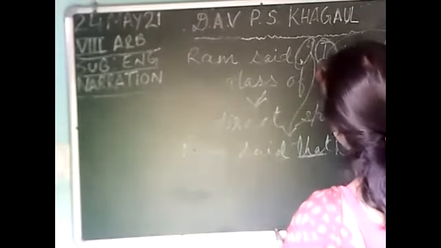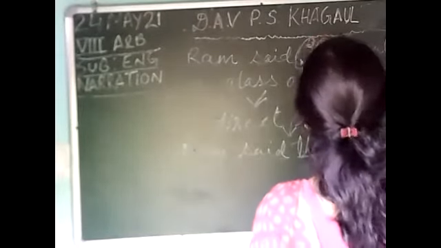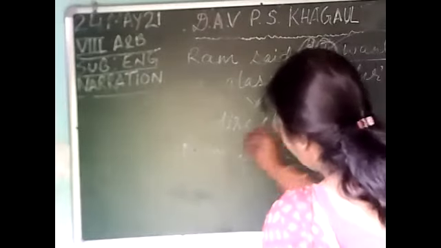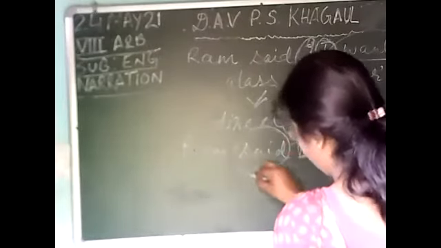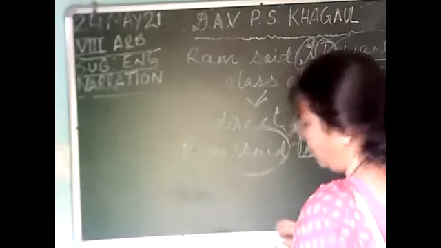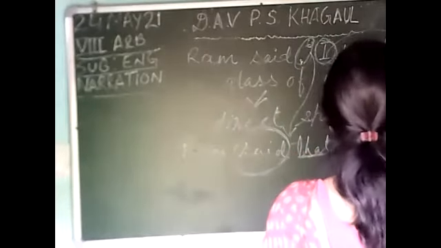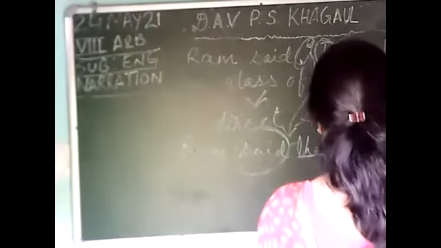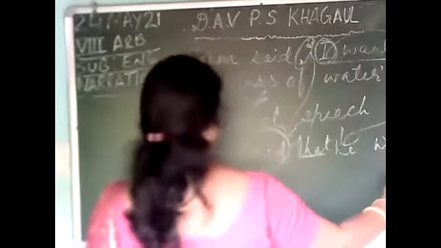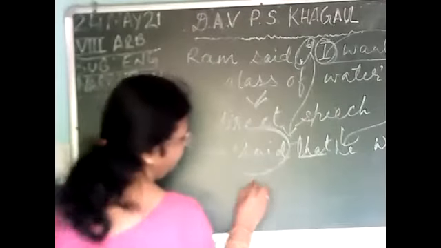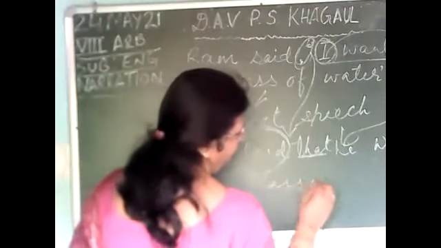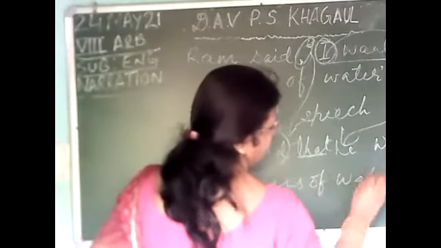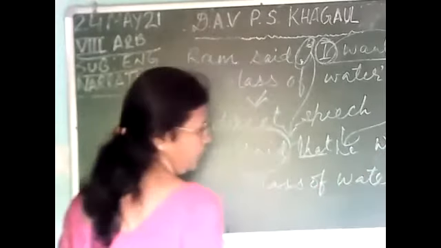But here it is within inverted comma, so it is written in present tense. Here, this one is past tense. I will explain what is this one. So, we will have to change into past. Ram said that he wanted a glass of water. Done?